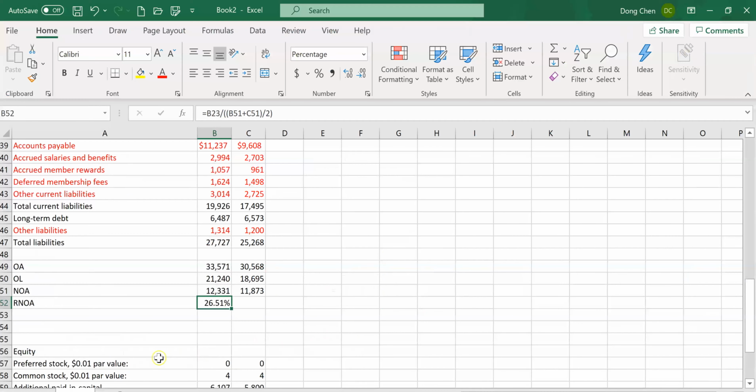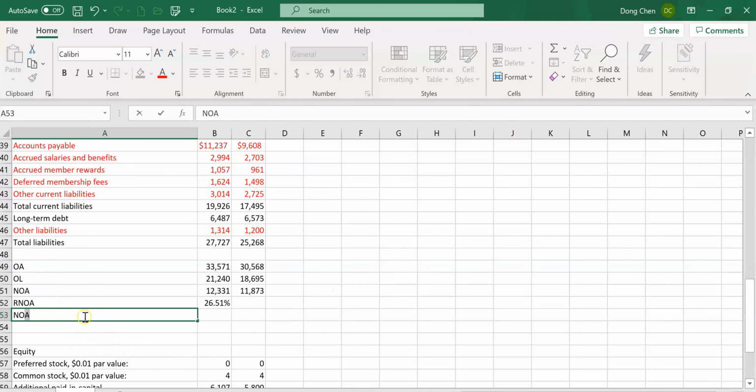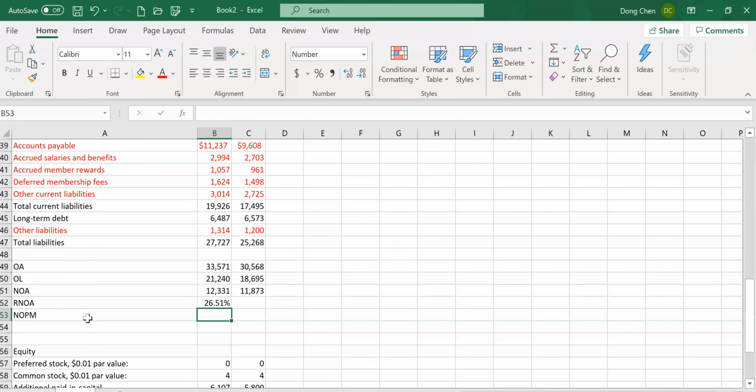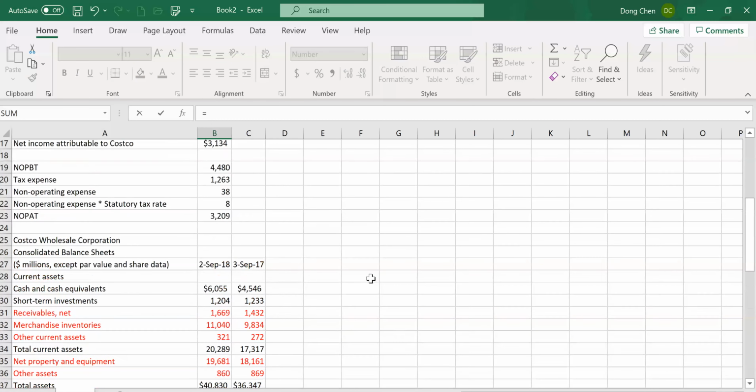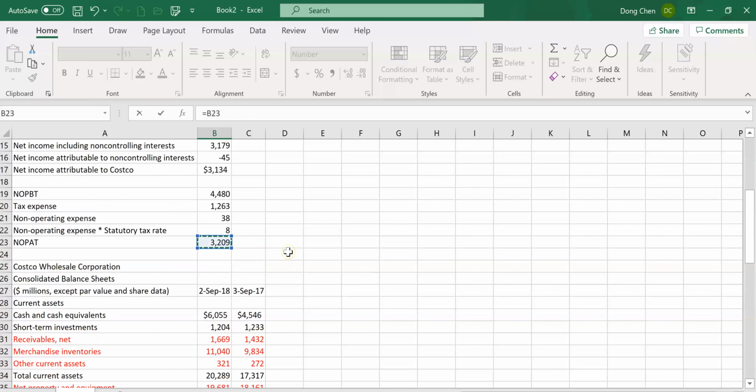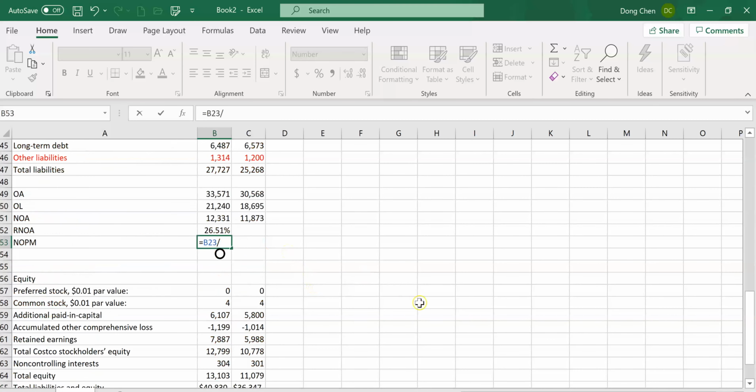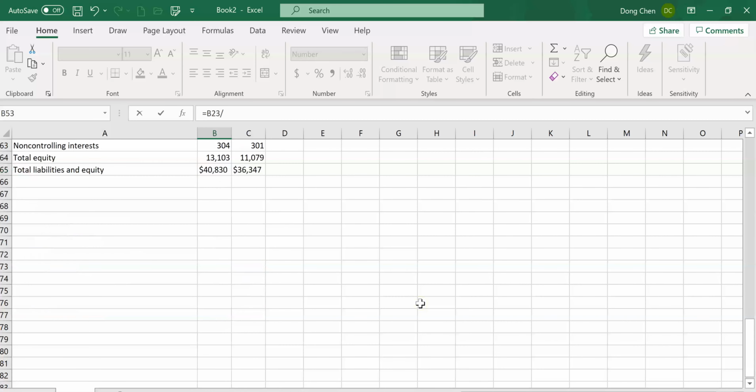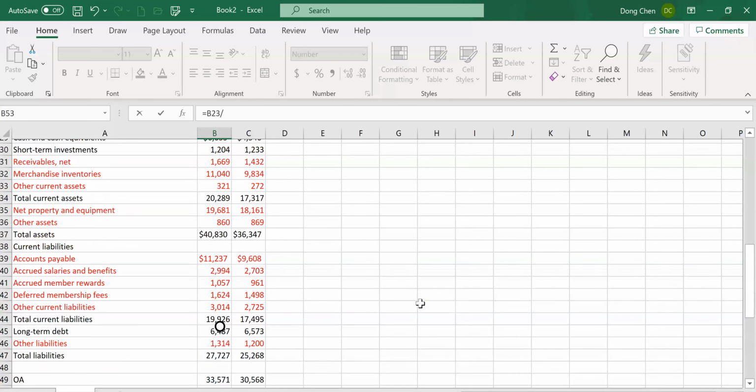And then NOPM, this is defined to be net operating profit margin. Sorry, this is NOPAT divided by sales. Sales is from the income statement.